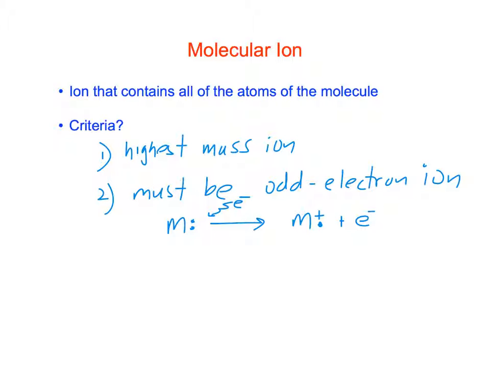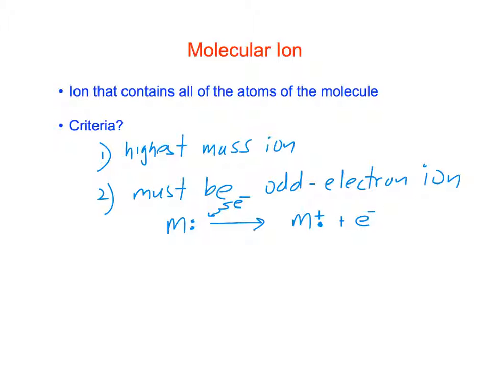Right, because you want to accelerate. Right now, we are accelerating the cations. The anions are either going to be drawn the other way to the repeller plates, and anything that's neutral is just going to be sucked out in the vacuum.